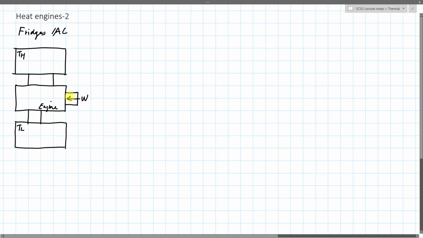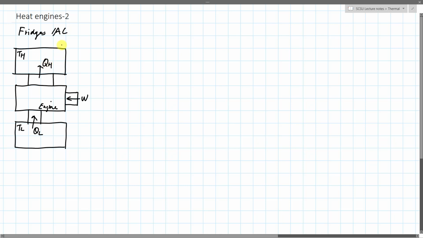So we put work in, that causes the refrigerator or AC to suck some heat out of the low temperature source and dump heat into the high temperature source. So if this is a fridge, the high temperature source is in the room, low temperature source is inside the fridge. If this were an AC, the low temperature source is inside of your AC room, and the high temperature source is outside the warm ambient.